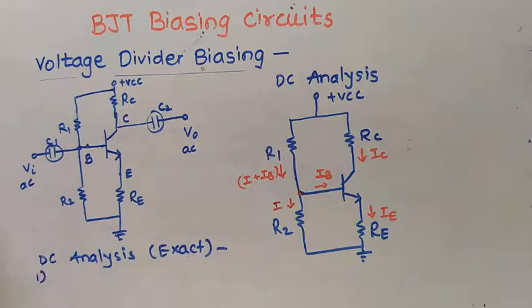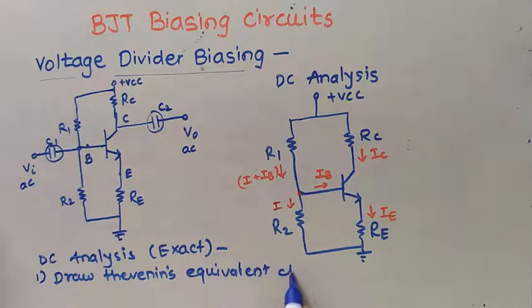For that, first we have to draw Thevenin's equivalent circuit. Then we have to obtain the base current IB.